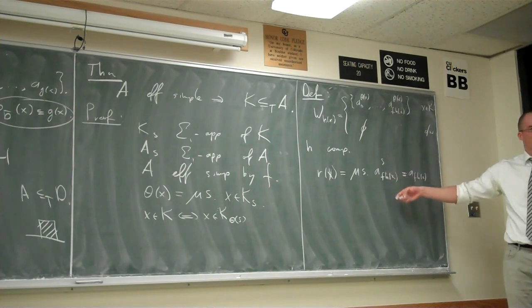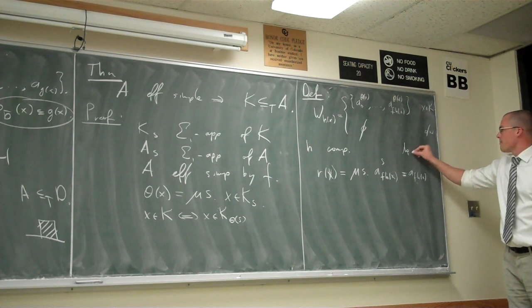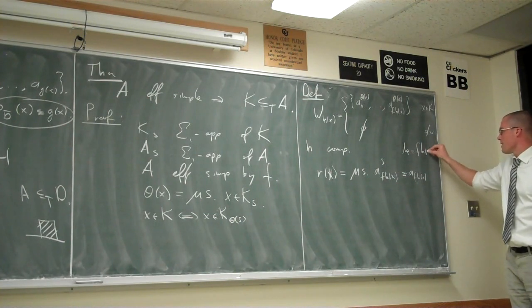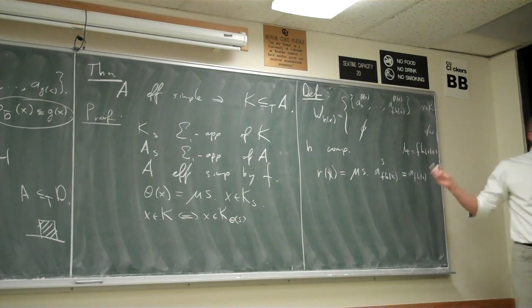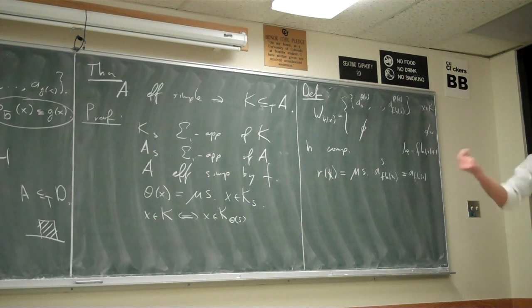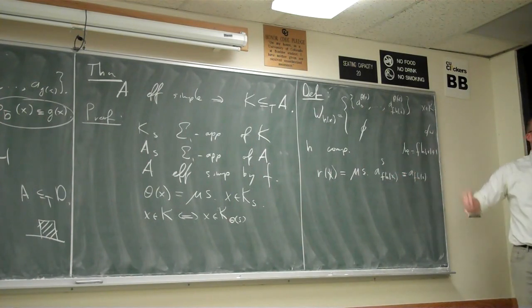Let k be f(h(x)) plus 1. If the kth element of the increasing enumeration of A has stabilized, then the whole initial segment has stabilized, because you can't stick anything in without the kth element changing. So this is really saying the initial segment has stabilized.